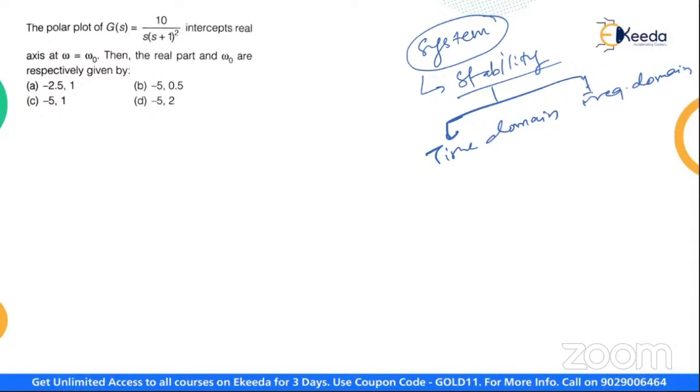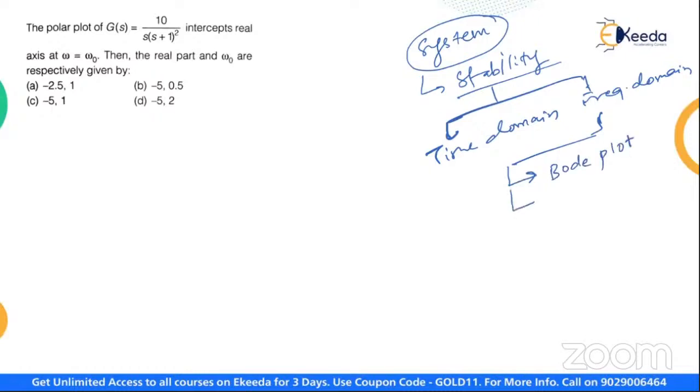So this is the way we know. We are supposed to find the same thing, that is stability, but we are going to have different approaches. The first approach is the time domain approach, and the second approach is the frequency domain approach. In the frequency domain approach, we need to find some plots, and the first one is the Bode plot.